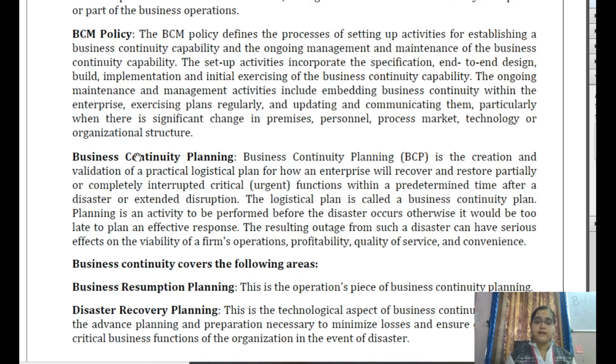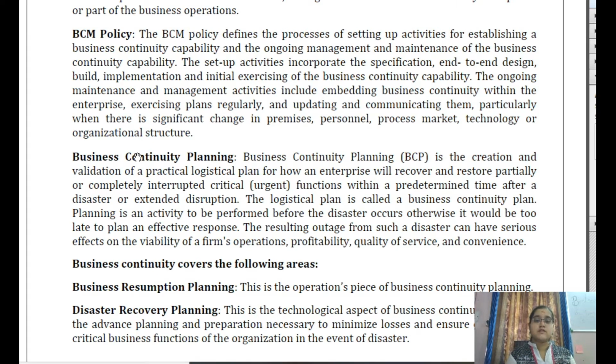So business continuity planning. What is the plan? The plan is the actual logistical plan. If anything happens, how we are going to respond to it. So it's a practical logistical plan for how an enterprise will recover and restore. It focuses on recovery of the enterprise from the disaster, or restoring either partially or fully the critical operations within the least possible time and with the least impact.